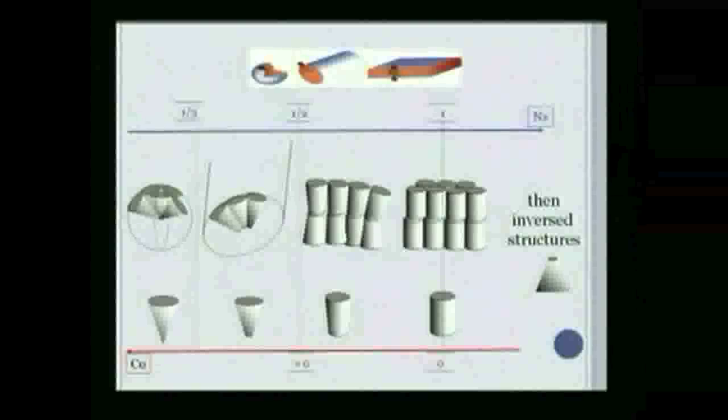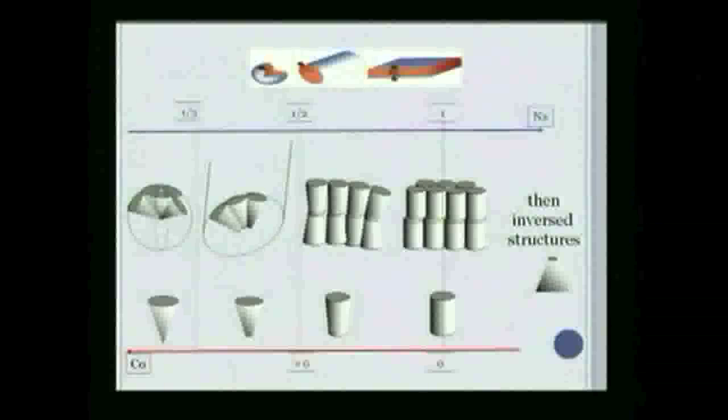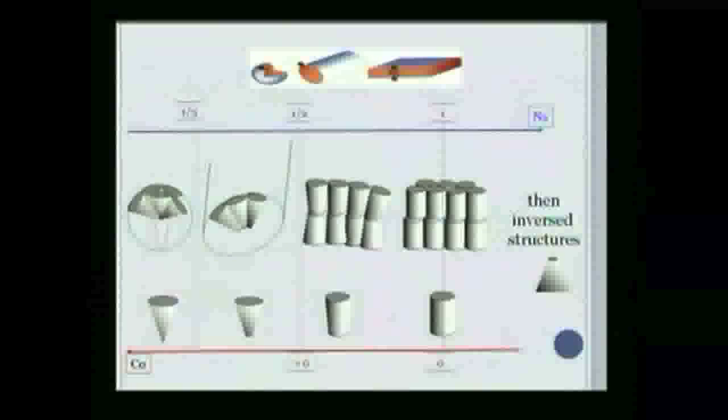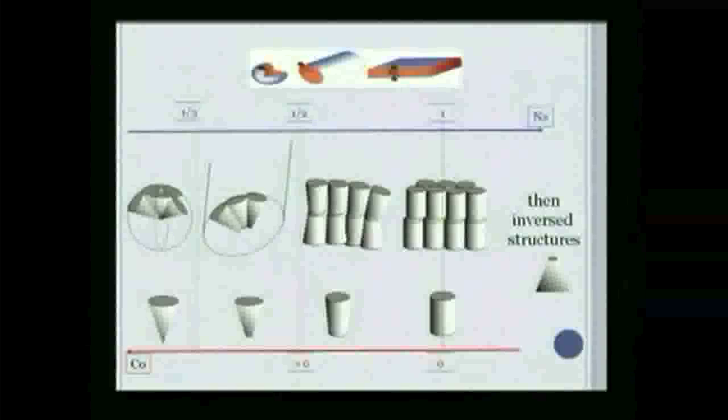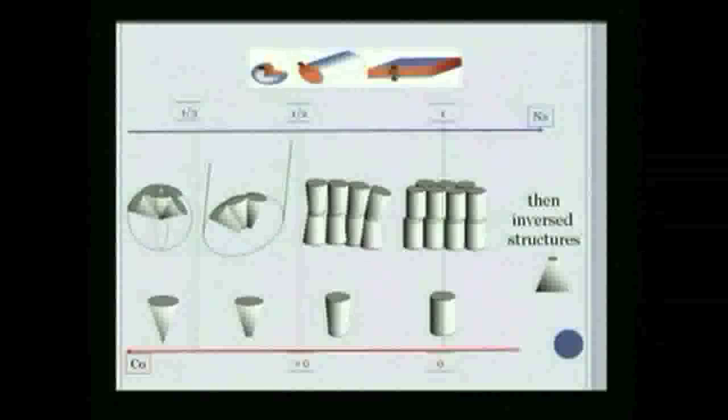When I summarize, when the shape parameter is very small, typically smaller than 1/3, you find direct micelles, okay, with high spontaneous curvature. When you increase a little bit the shape parameter, you decrease, oh, the laser has disappeared. So you decrease a little bit the spontaneous curvature, then you will have cylinders with a smaller spontaneous curvature.